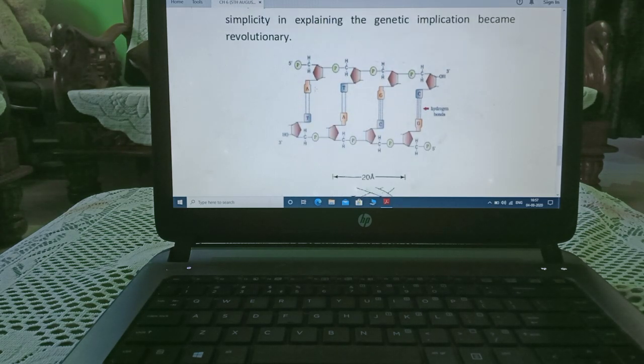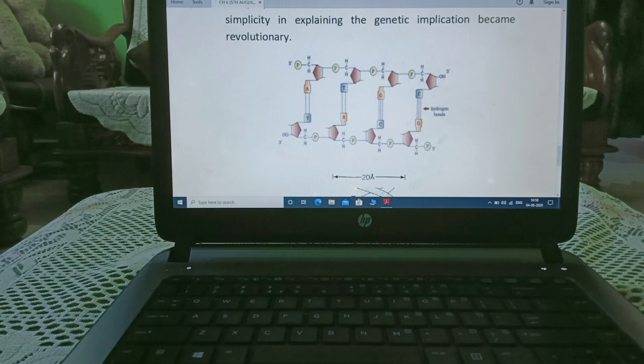Now here you can see adenine joins with thymine by a double bond, guanine with cytosine by a triple bond. Now here carbon has 4 bonds, 2 hydrogen, and on one side a pentagonal structure. This is phosphorus at the 5' end.